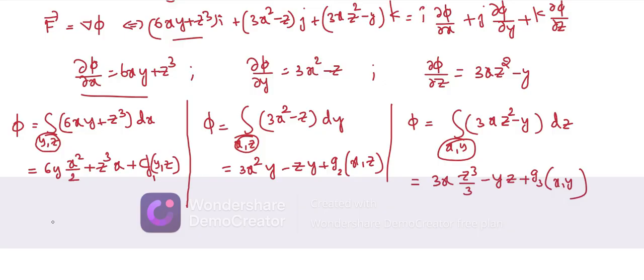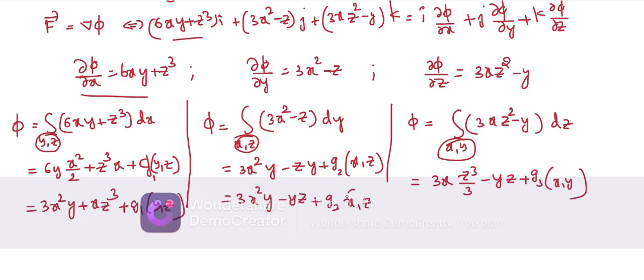So on observing these three things, let us simplify this. What is this? 2 and 1 are 2, 3 and 3 cancel out, which is 3x square y plus xz cube plus the integrating constant g1 of y comma z, the function of y and z. Here this phi is what? Which is also again 3x square y minus yz plus the function of x and z.